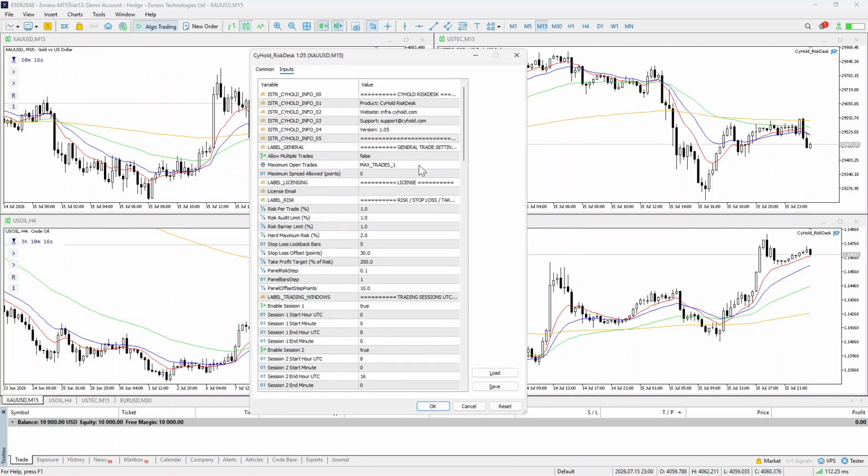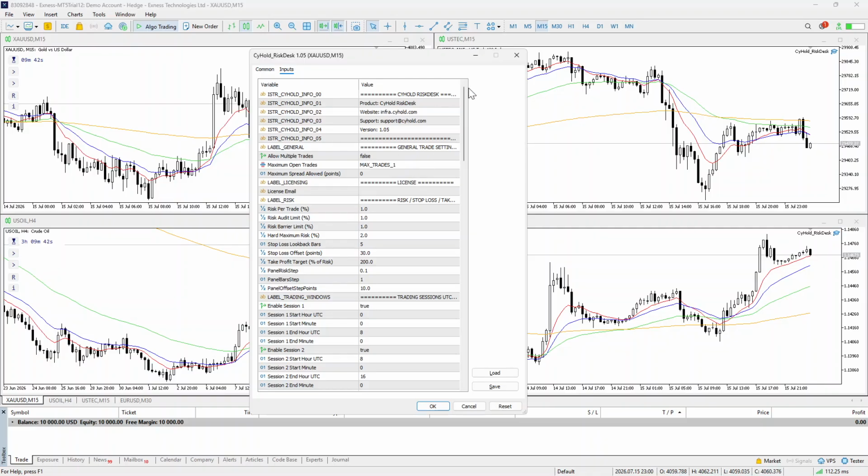So what does it have? When you open the properties, there are some properties in the beginning about the company. When you have RiskDesk, you can always trade on demo accounts. You don't have to pay to trade on demo accounts. It works normally on demo accounts, but when you put it on real accounts, the system recognizes it and requires you to subscribe to the service.